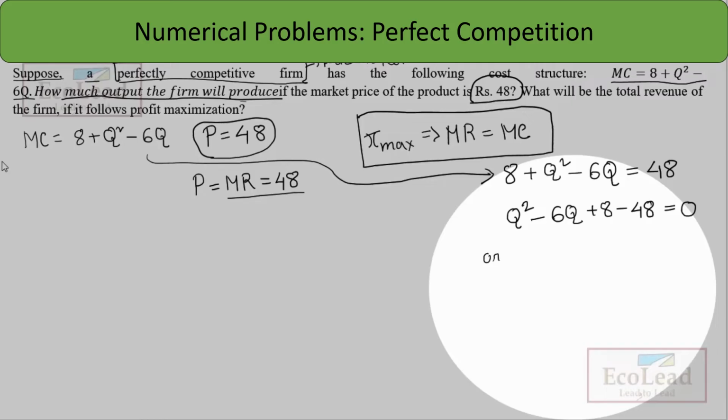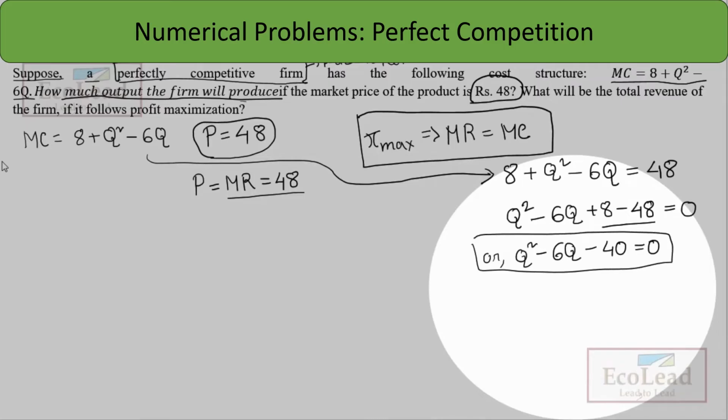Or we can write it as q square minus 6q minus 40, since 8 minus 48 is minus 40, equal to 0. Now look at this equation. This is nothing but a quadratic equation, so we need to solve this quadratic equation now.